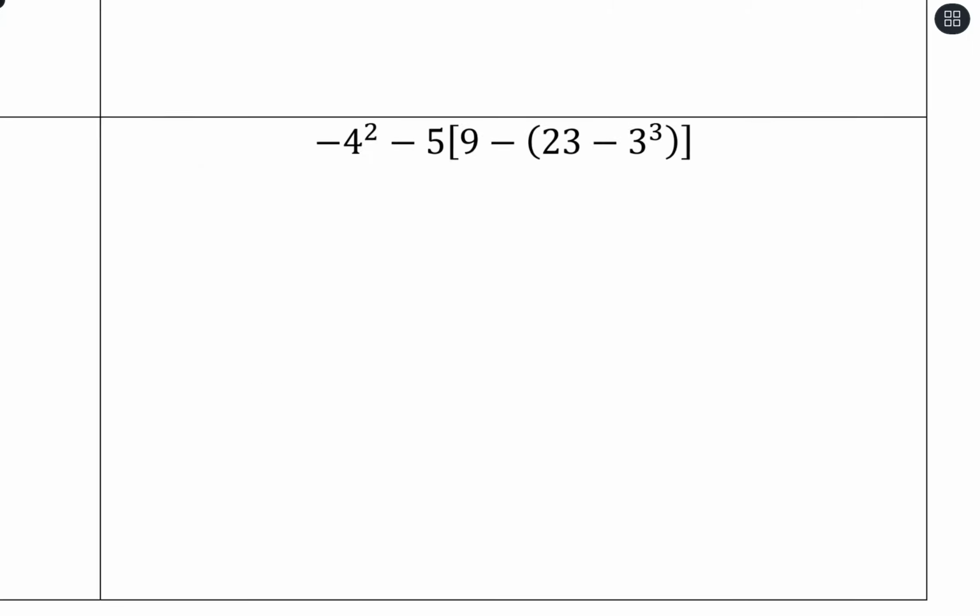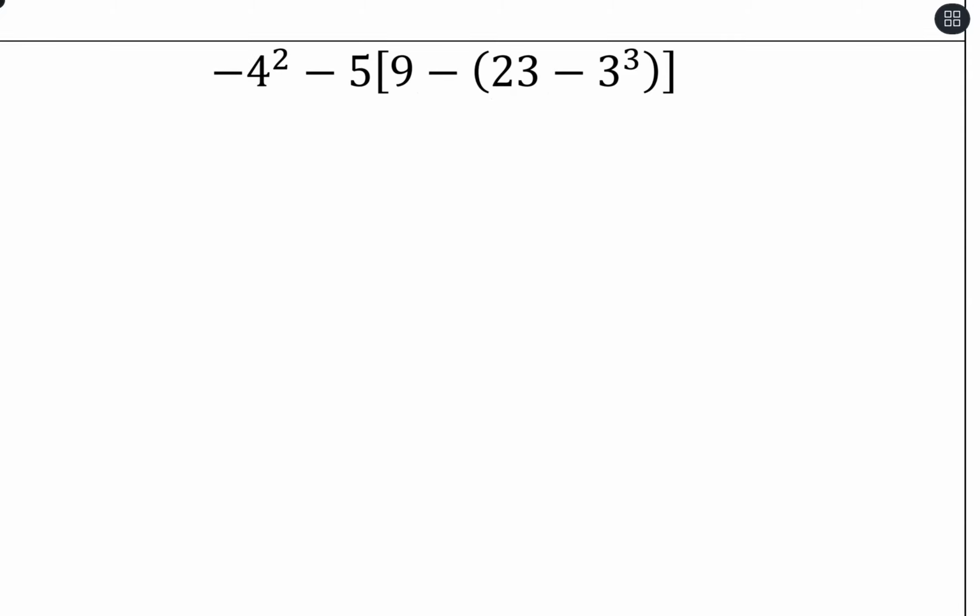All right, last one here with some layers of parentheses, but we want to start by looking at the most inner layer of parentheses. So we have that 23 minus 3 cubed. So I want to take care of that exponent. I'm going to leave everything else the same. Again, there are ways to simplify doing multiple steps at the same time.